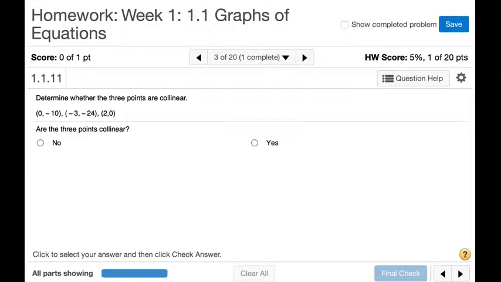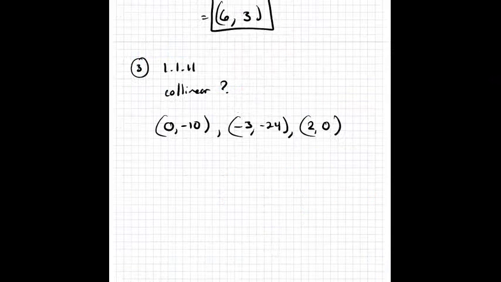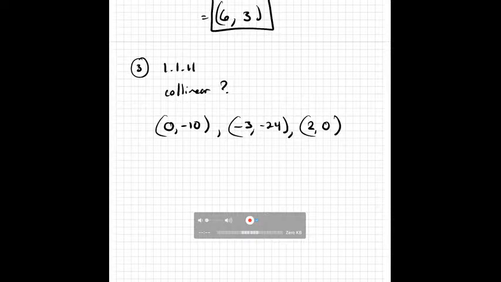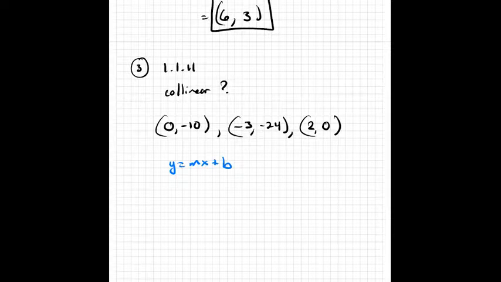Okay. So if we want to know if they're on the same line, let me show my work. So if we want to see if they're on the same line, let's use the equation of a line. I'm going to use y equals mx plus b. Okay. So the y-intercept when x is 0, so b, we're given that b equals -10. So then we need the slope.